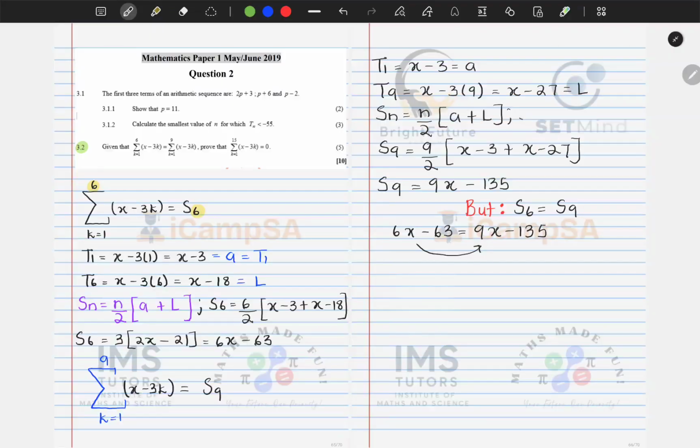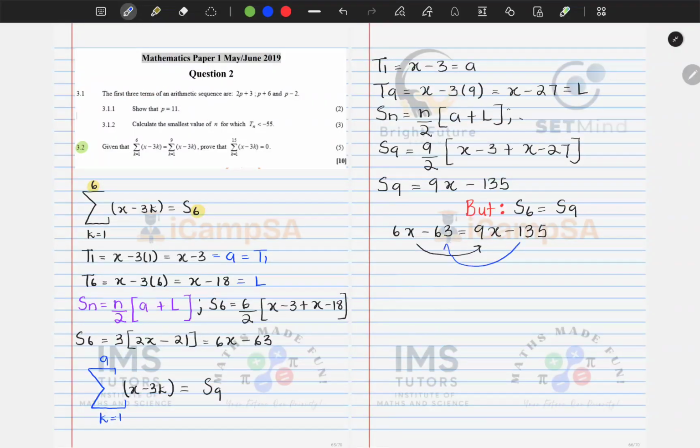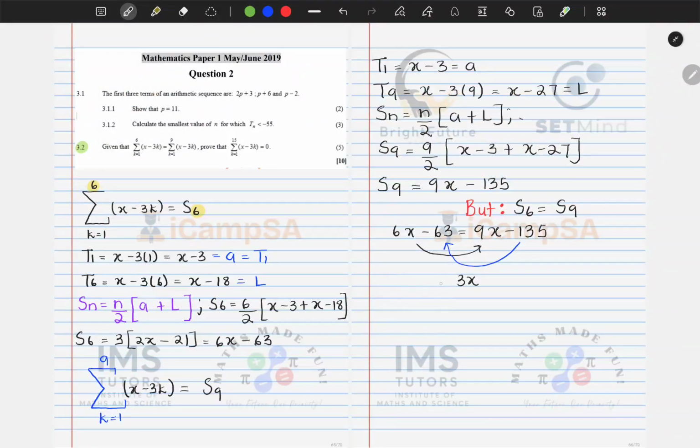So we can transpose that to that side and then take this one to this side, such that what we are going to end up having will be 3x on the other side. Then when we transpose the 135, sorry about that, 135 minus 63, that will give us 72.